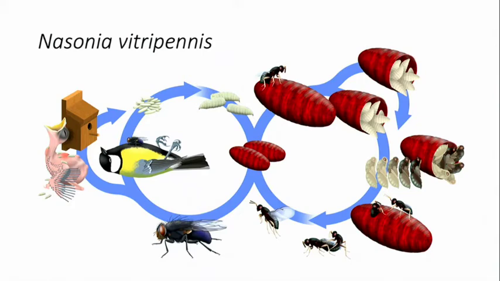The males will emerge first, and they will wait on the host for their sisters to emerge, and then they will mate with their sisters. Then the males stay behind because they have only tiny wings and can't fly, and it's the female that goes off and finds a new host, and then the whole cycle starts again. So that's the life cycle of Nasonia.